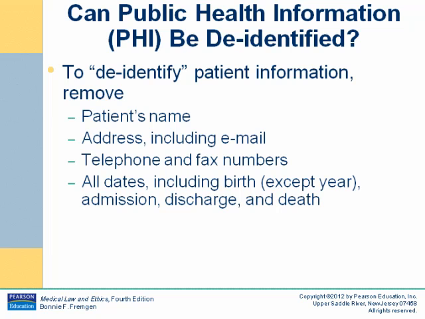Telephone and fax numbers gone. All of the dates except for the year of the person's birth, admissions, discharge, and death cannot be given, except for the year of birth. So sometimes cases can be discussed for purposes of learning by doing those things.